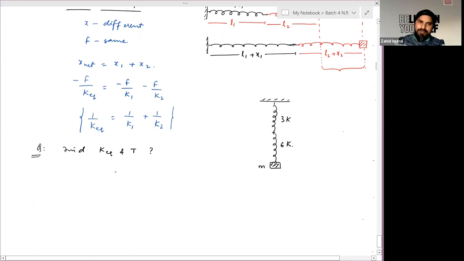Gautam, you got any answer? Just see, 1 over K equivalent equals 1 by K1 plus 1 by K2. K1 is 3K and K2 is 6K.